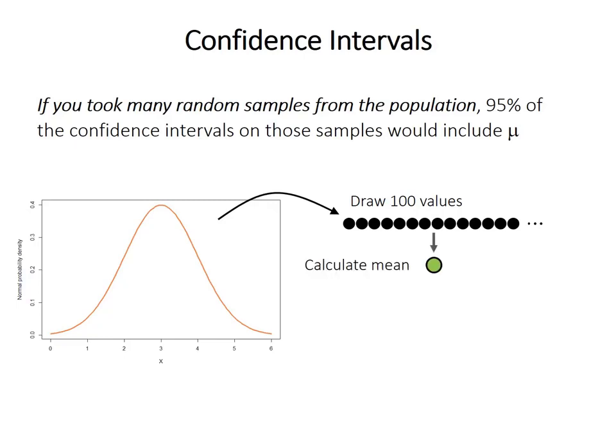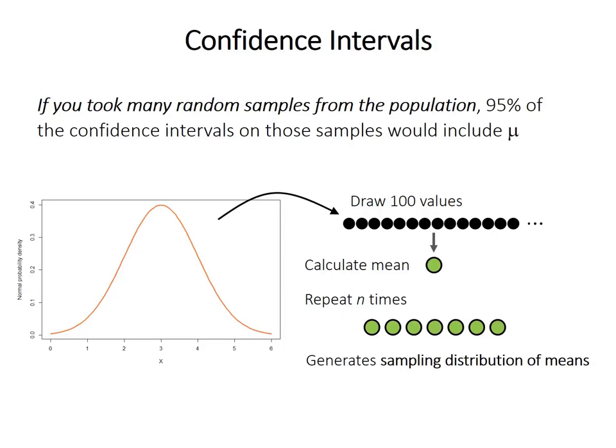So the green dot is now a sample mean, which is an estimate of our original population mean. We can repeat that process many times, like 10,000 times, to generate something called a sampling distribution of means. Each of these green circles here is now a sample mean. For each one, we've drawn 100 values from our population and calculated that sample mean.